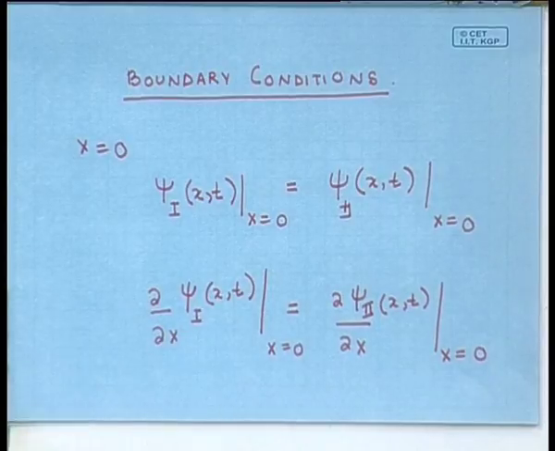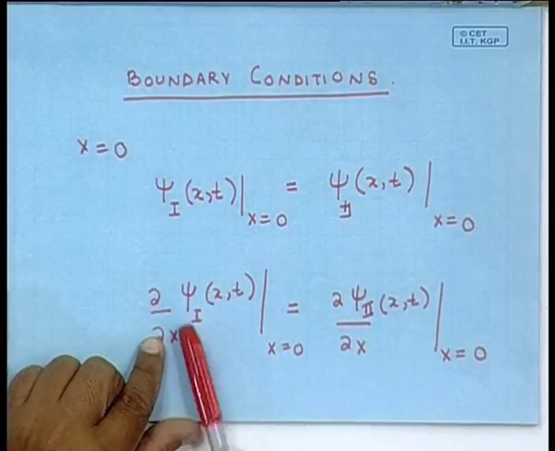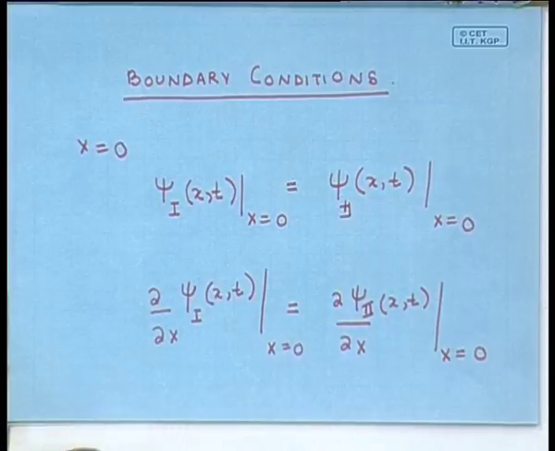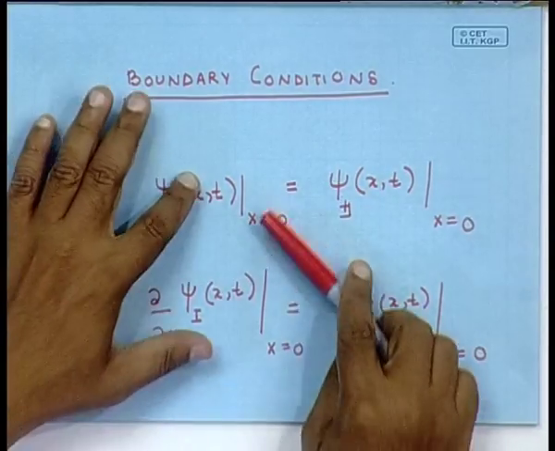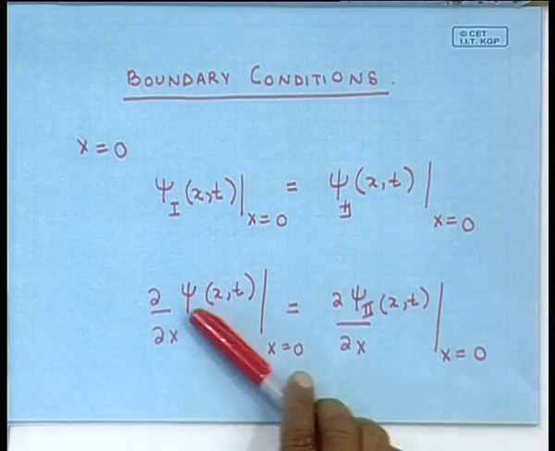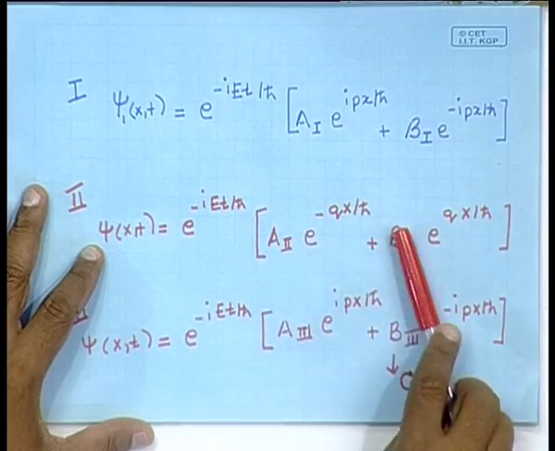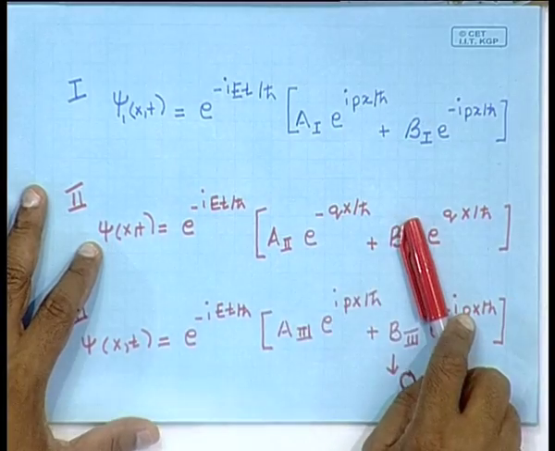The time part is guaranteed to satisfy this. It is the spatial part that we have to be concerned about. So, we have to impose these boundary conditions, and it is these boundary conditions that are going to tell us how the coefficients on the two different sides are related.